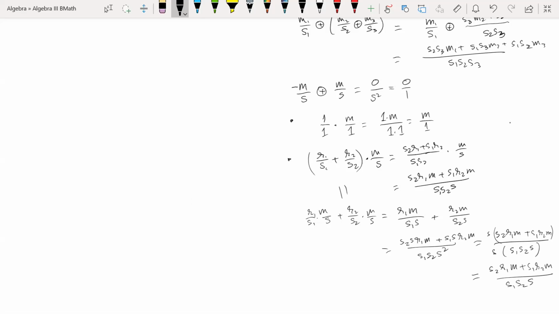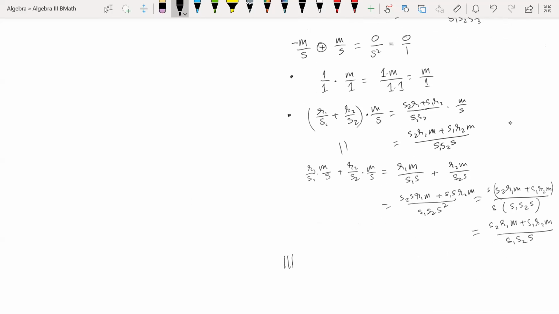Similarly, I'll just say what one has to check. R over S times M1 over S1 plus M2 over S2: check that you get RM1 over S plus R over S M2 over S2.